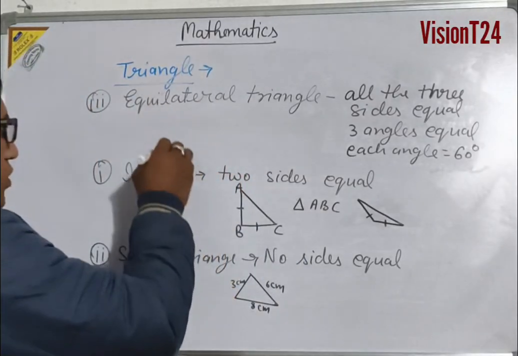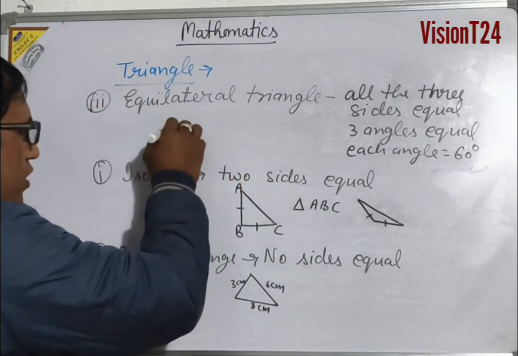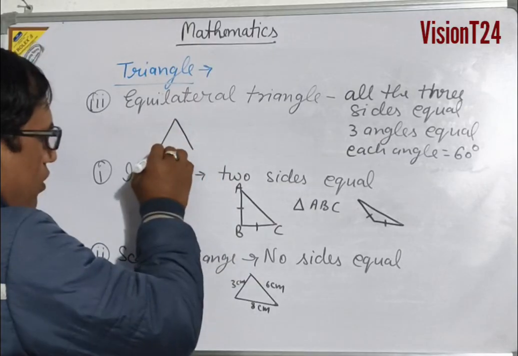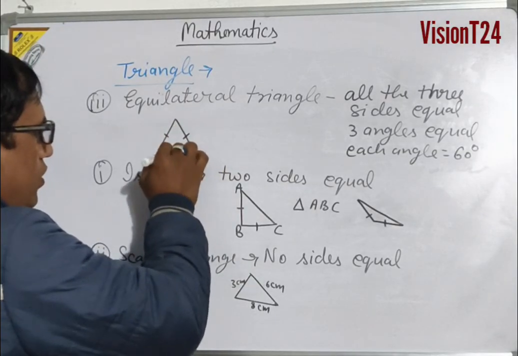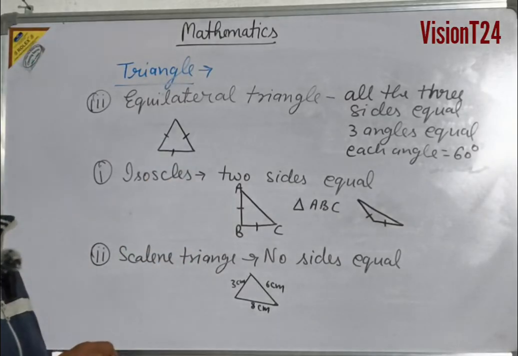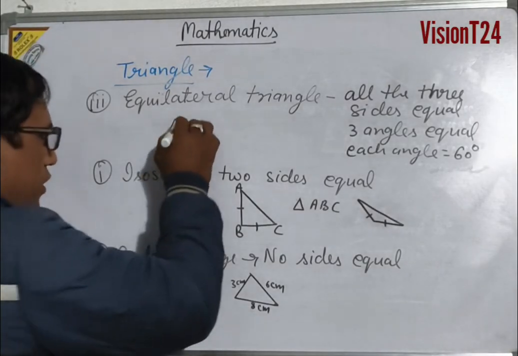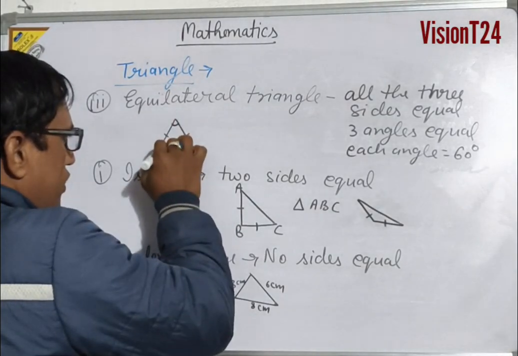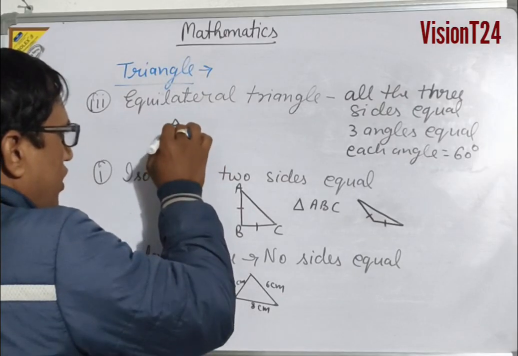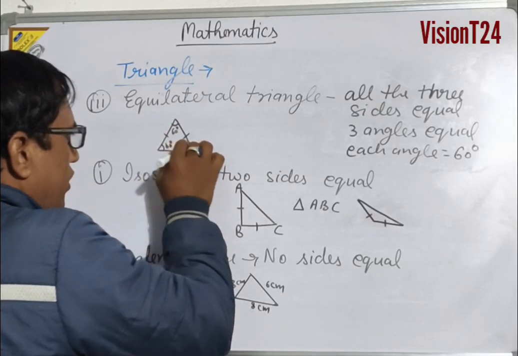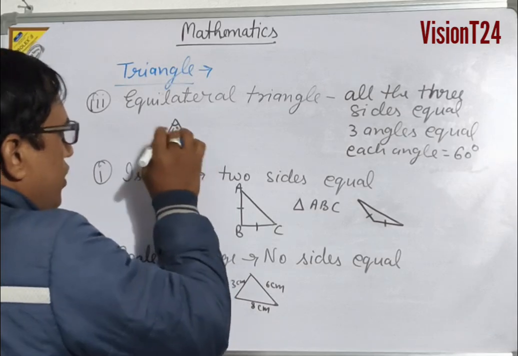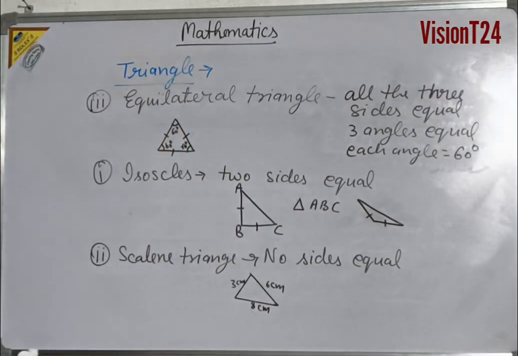Right? How it will look like? कैसा दिखेगा ये? This sign shows all the sides equal. And this and this, these are the three angles. So that will be 60 degree, 60 degree, and this is also 60 degree. So this is equilateral triangle, right?